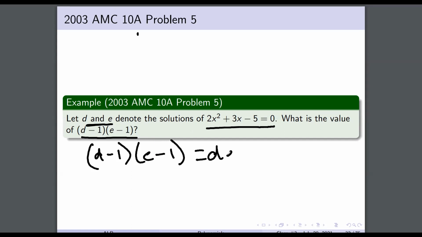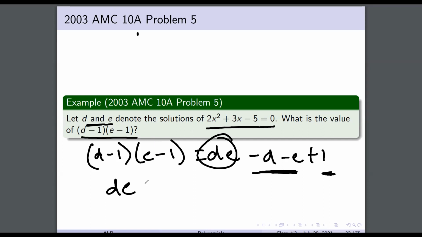If we expand this, it's de minus d minus e plus 1. So then we realize, oh wow, de is the product, and this is the negative of the sum, and 1 is just 1.